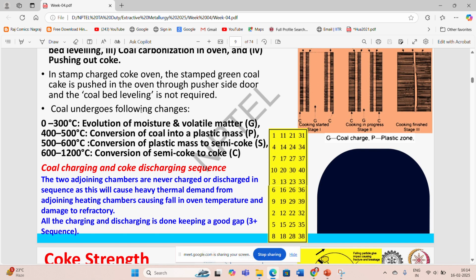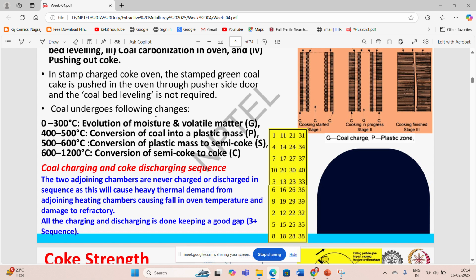The coal undergoes the following changes during the coke making operations. From 0 to 300 degrees Celsius, as the temperature increases, the evolution of moisture and volatile matter will take place. Then at 400 to 500 degrees Celsius, the plastic mass present in the coal will form and provide the strength to the coke.